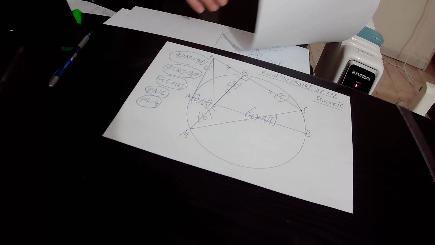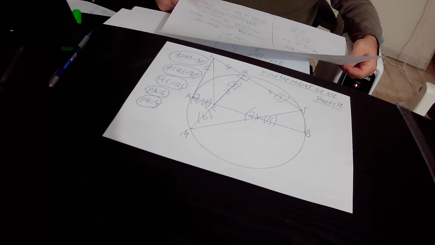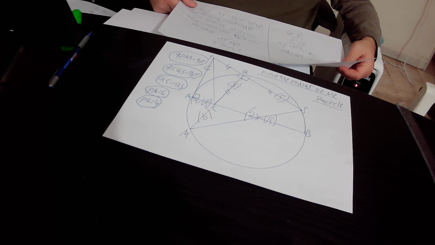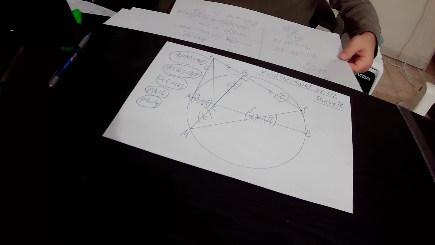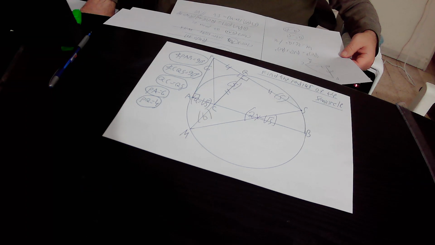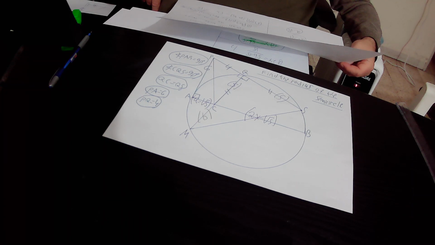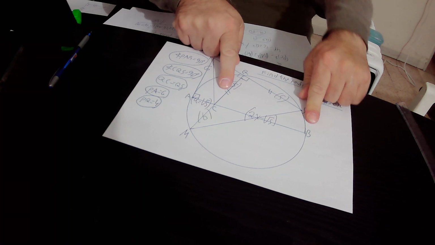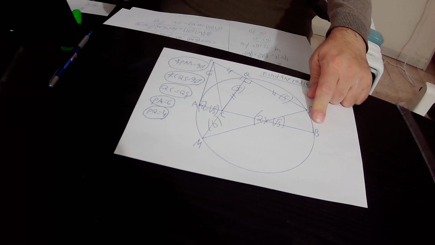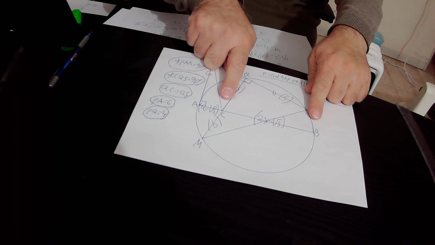Then we found out the length of line segment CB. From the drawing, it is very easy to see that CB equals AB minus AC.